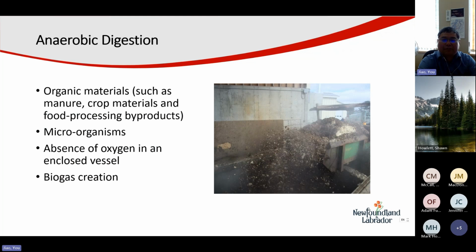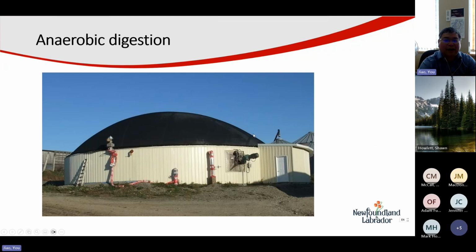The anaerobic digestion system, we have a big one on the West Coast. In anaerobic digestion, the organic material, in the absence of oxygen, is digested and generates biogas, which is methane. That's the dome, a big plastic dome.